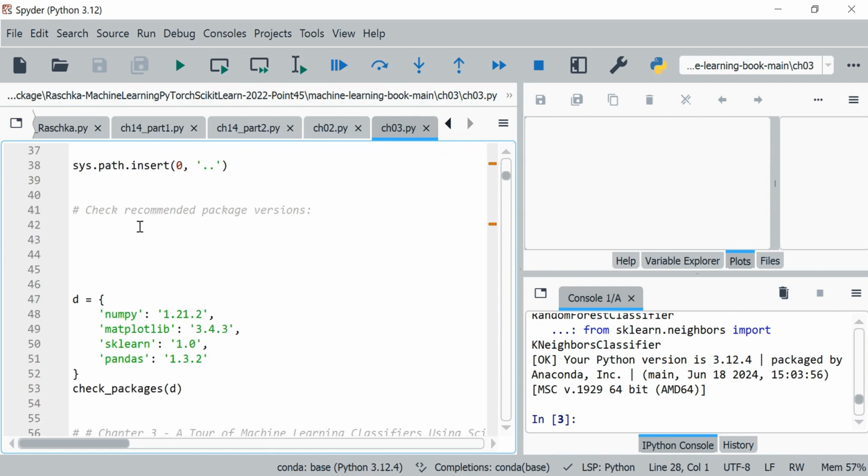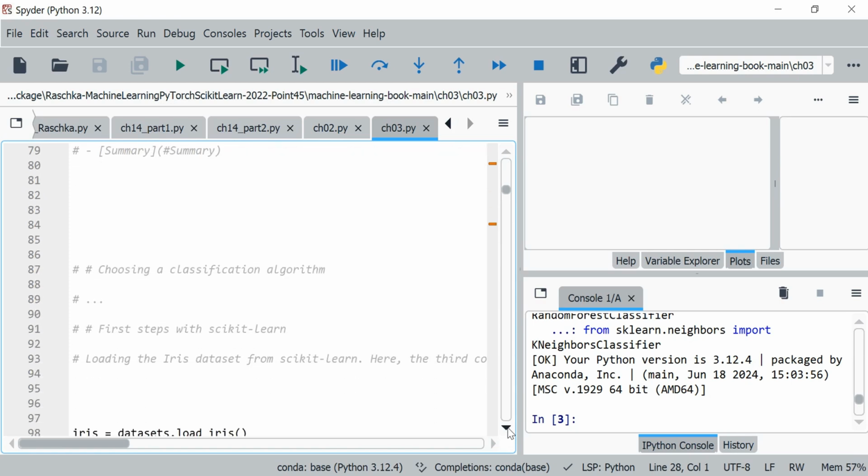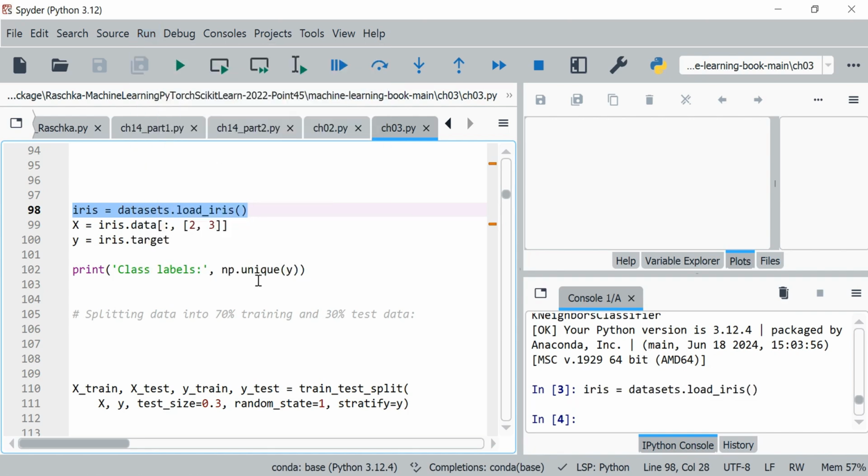Successful, we can just skip this part. And we use the iris data set. We can load iris. This procedure has been shown many times in the previous videos, so we just do it quickly.